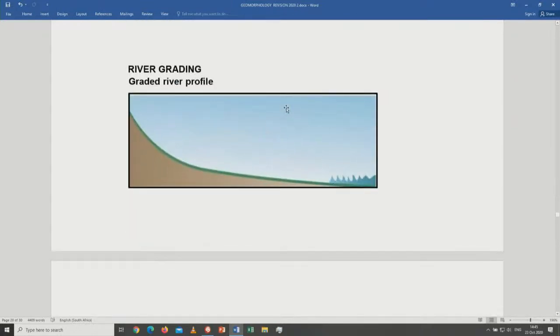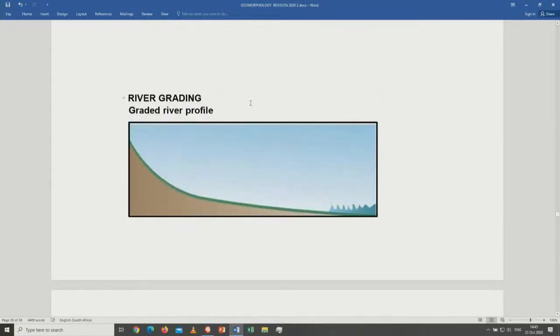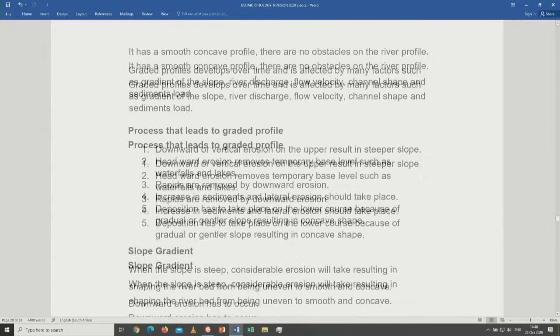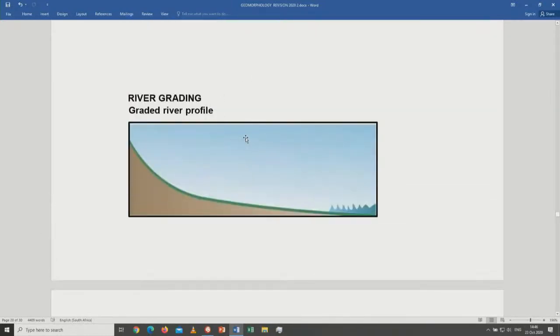And then the other one is river grading. Also, I did talk about that when I was explaining the flow characteristics of a river, where we talked about laminar flow and also turbulent flow. So here's a graded river profile. If they say you must draw that, this is how it looks, a concave shape.